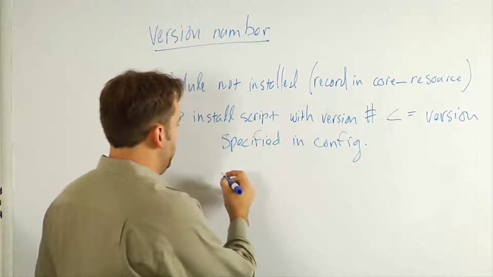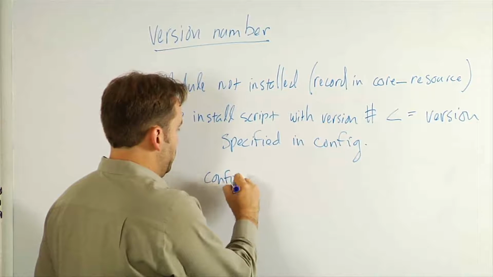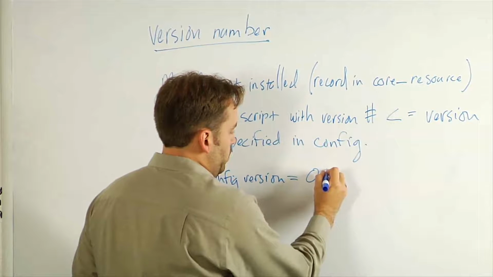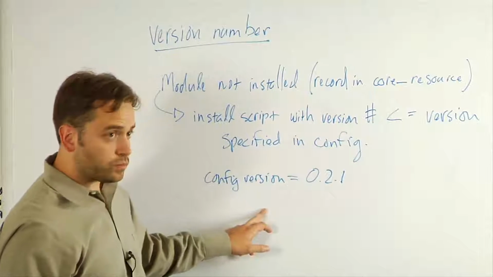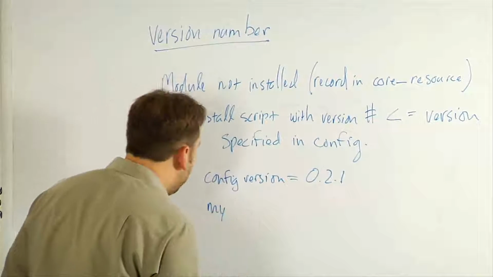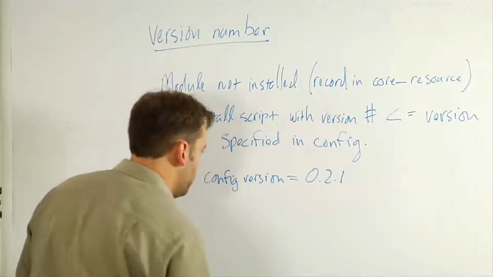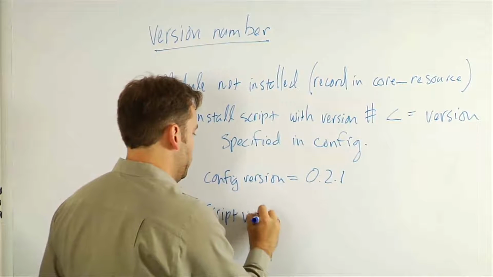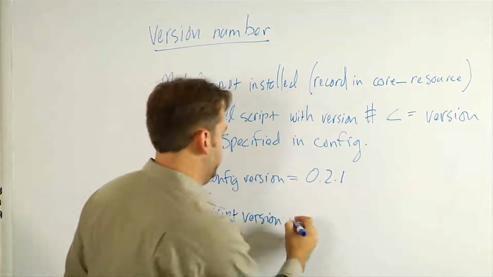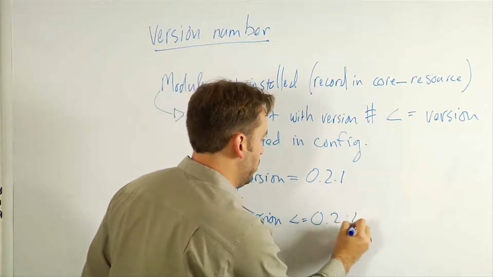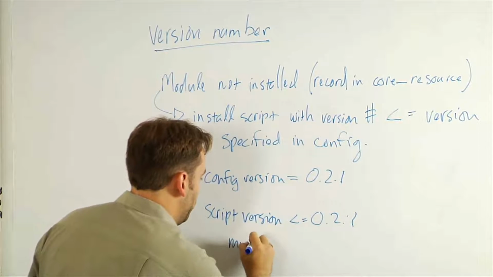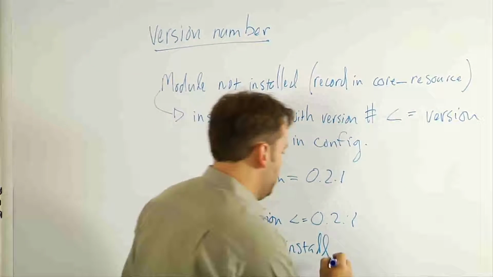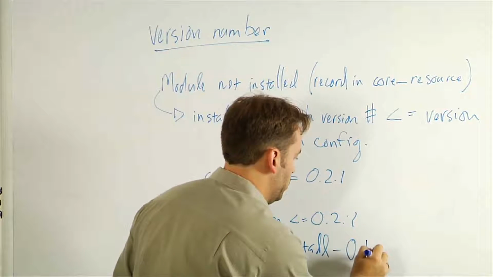So an example of this would be a config version of 0.2.1 and a script version of less than or equal to 0.2.1, i.e. mysql4-install-0.1.0.php.